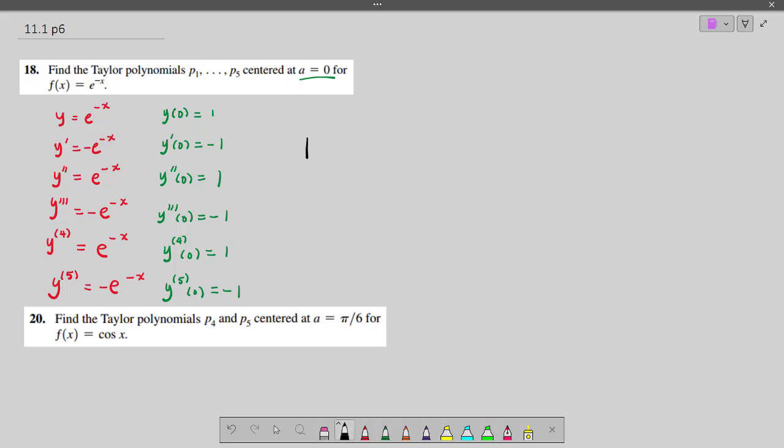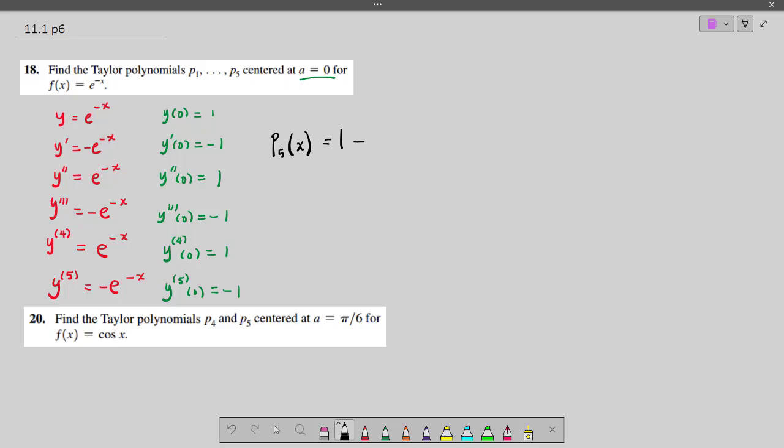So I'm going to write p sub 5, because you've seen now that p sub 2 includes p sub 1, so we can just write p sub 5 and do a little clever labeling instead of writing out this polynomial repeatedly. So p sub 5 starts with p sub 1. So it's going to be 1, right there, top right corner is where we start. So it's going to be 1 minus.